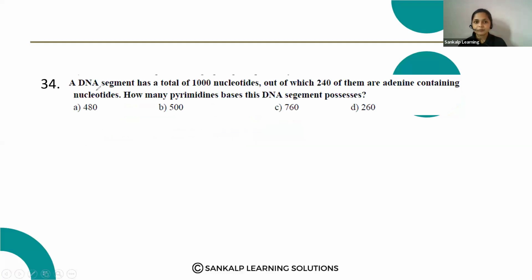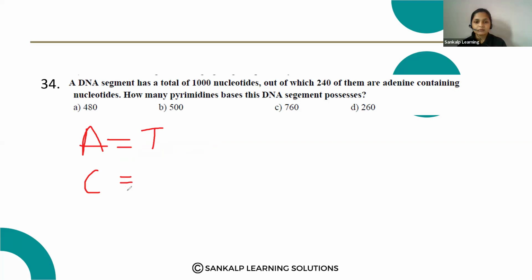Next question. A DNA segment has a total of 1000 nucleotides, out of which 240 are adenine containing nucleotides. How many pyrimidine bases does this DNA segment possess? Okay. Here, adenine binds with thymine.